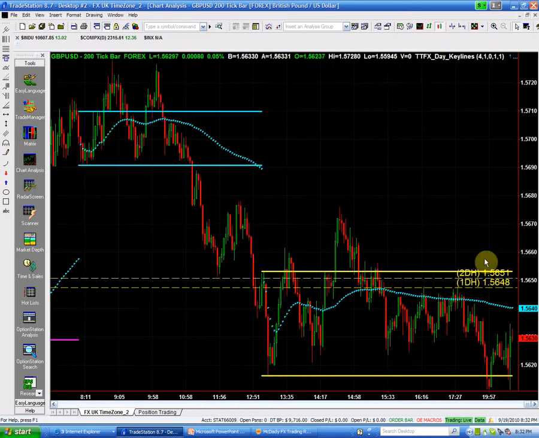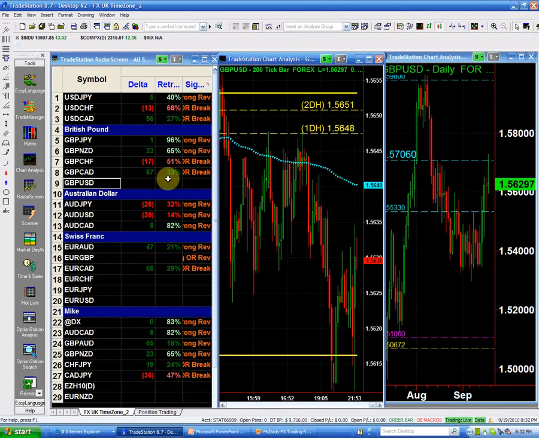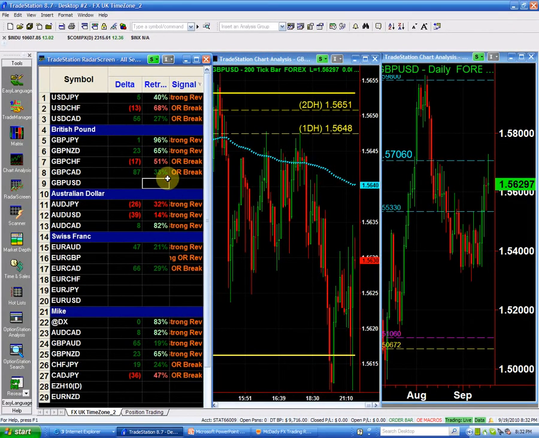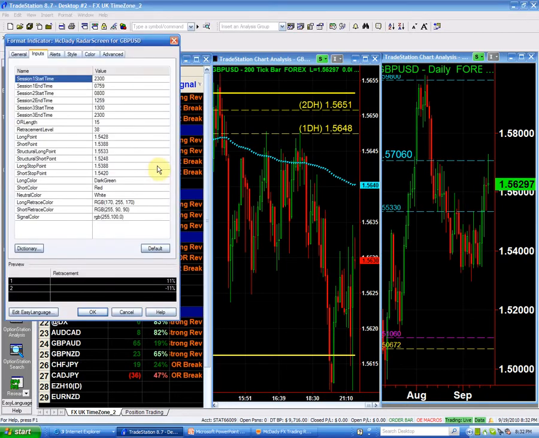We can buy the pound above 156.51. That is not a bad entry point.